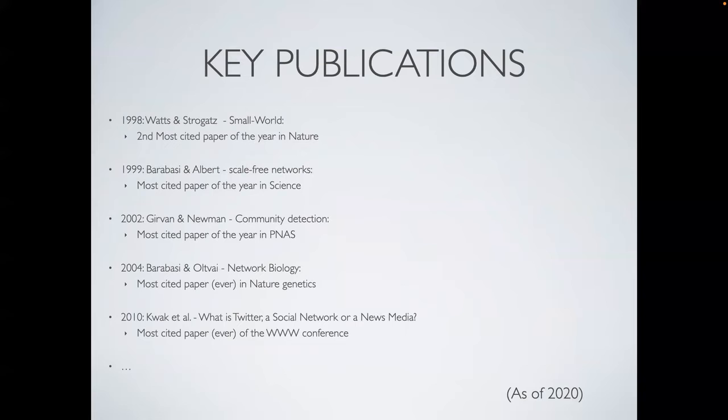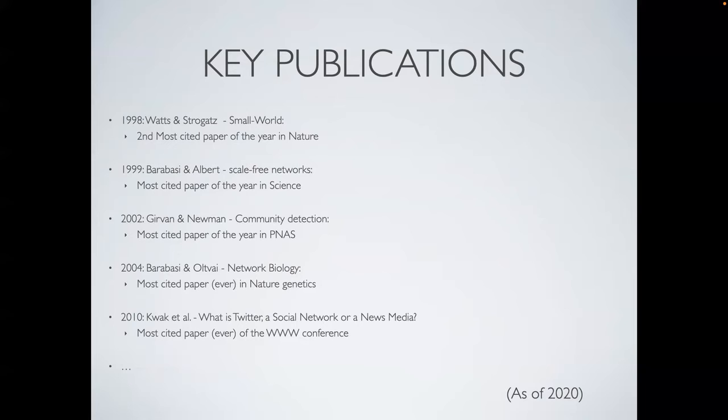You see in the second line, like the second most cited paper in Nature in that year, or another most cited paper in Science, in PNAS, in Nature Genetics, in the World Wide Web Conference, which is a computer science conference. All of these papers are considered founding papers in the field of network science. They are from different fields, and we will see a little bit of them during the course.